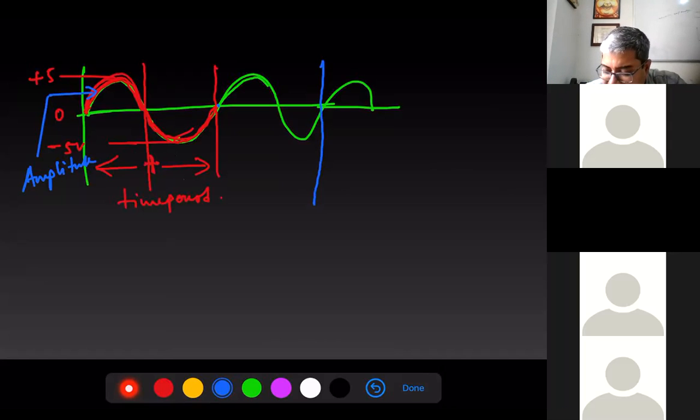At any moment of time, if I draw a tangent, then the angle that tangent creates with respect to your plane is called its phase angle.